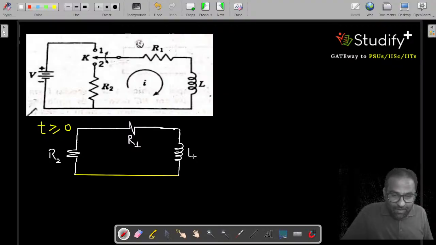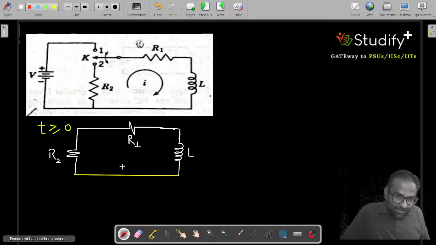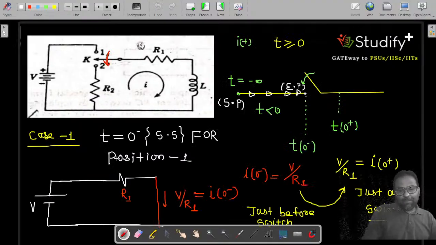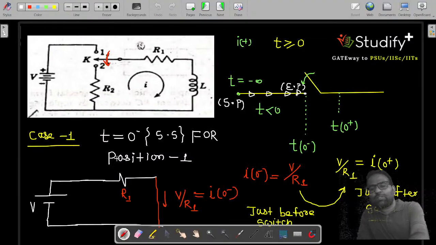But now you are having one energy storing element, so I have to apply one KVL here, and I am calling this current IT. Always remember, you have to stop till this point.